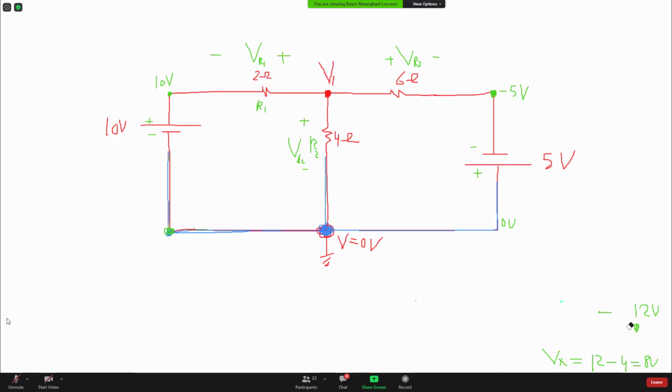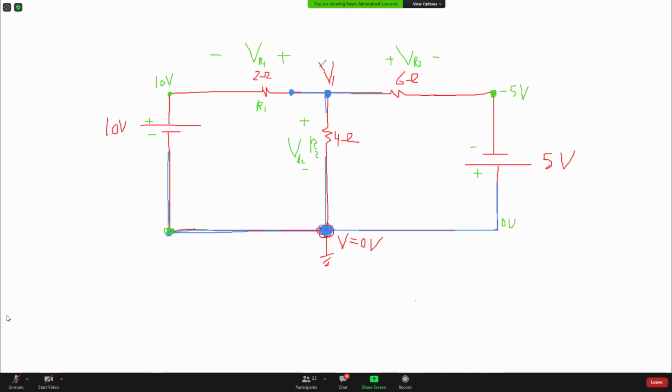So what about now this voltage here? The voltage VR1. The same idea. We're going to do the same idea. What is the voltage at this side? What is the voltage at this point? V1, right?